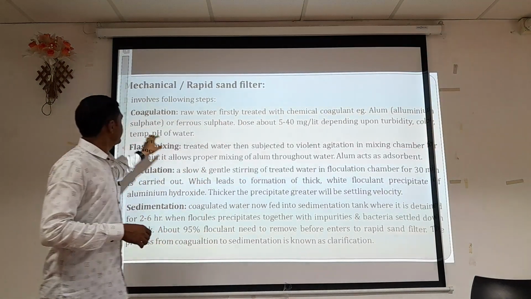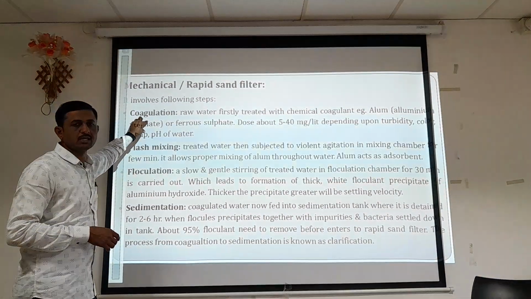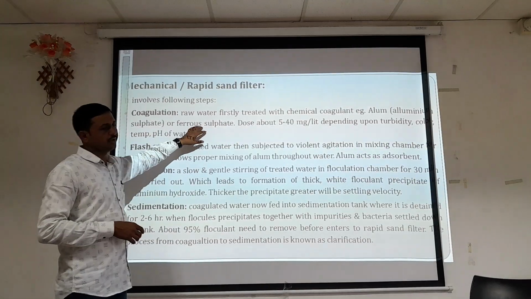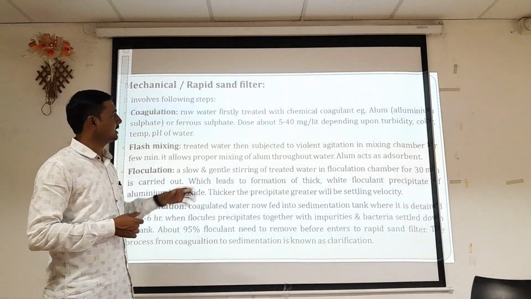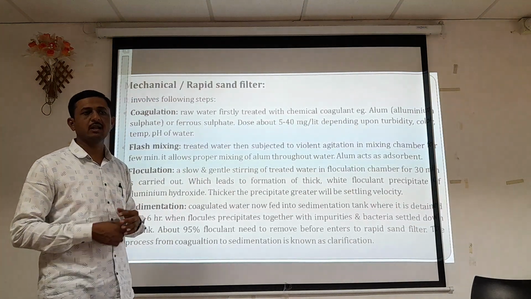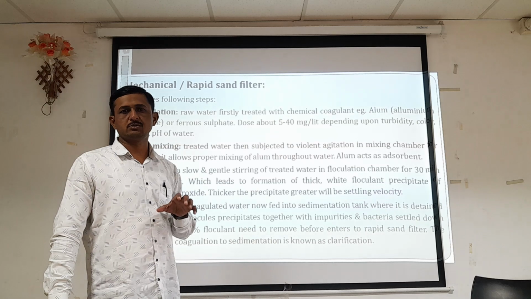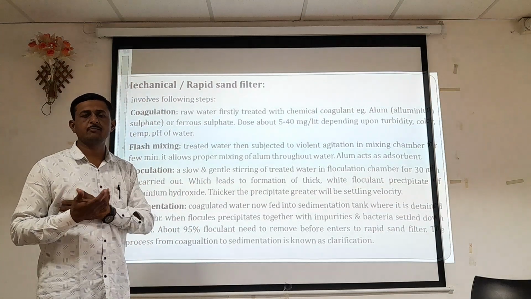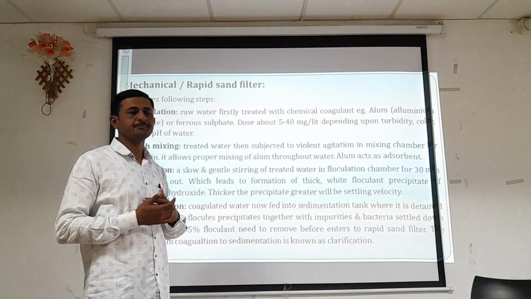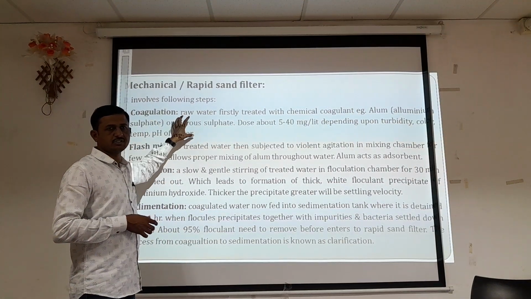It is aluminum sulfate, normally called alum, or ferrous sulfate. They are mixed with that water so that floc formation is carried out and suspended particles settle down at the bottom of the storage tank, so that we minimize the contaminants present in that water. That is the first step.